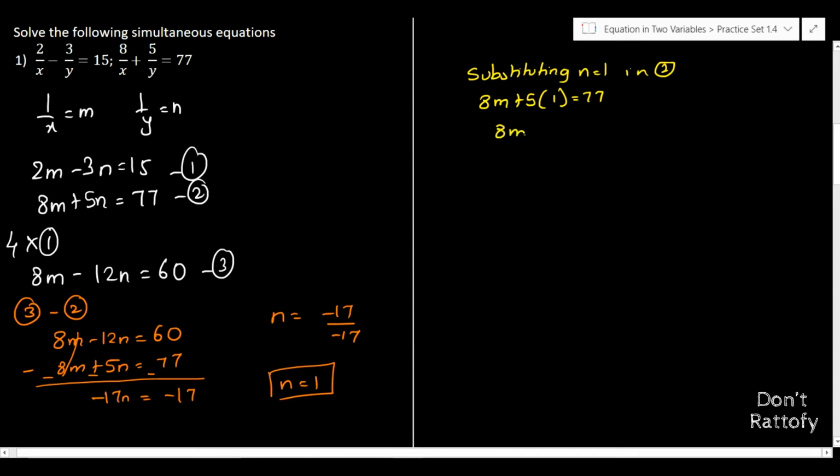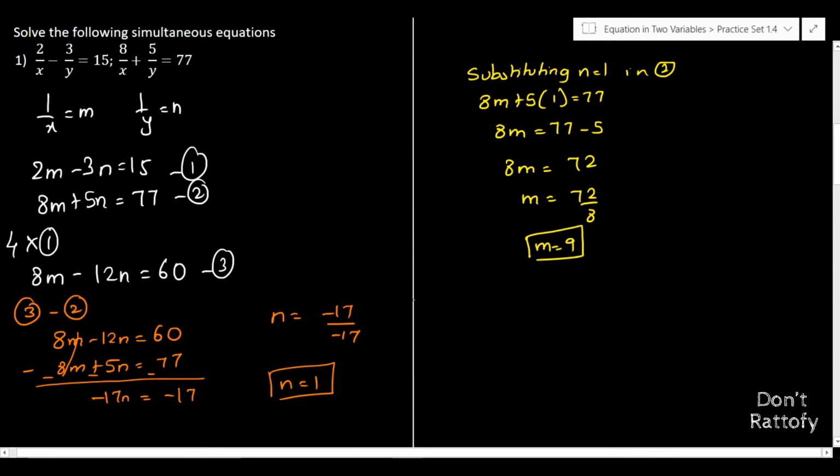So 8m is equal to 77 minus 5, because 5 multiplied by 1 is 5, and when I take 5 on the right hand side, it will be minus 5. So it is 8m is equal to 72. I have the value of m as 72 upon 8. So m is equal to 9. I have the value of m as 9.